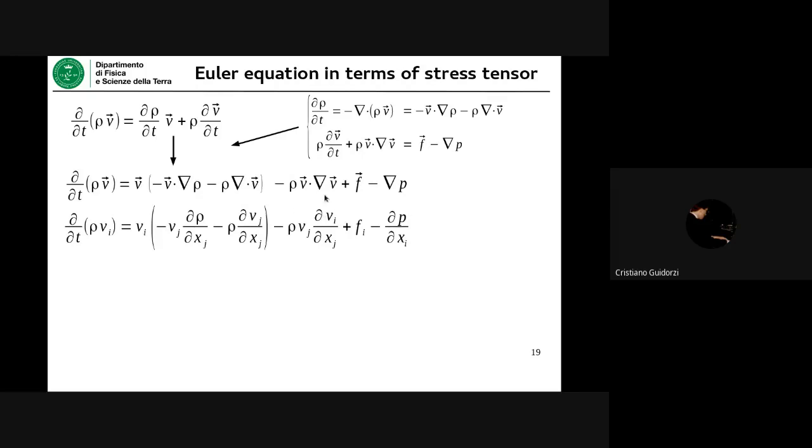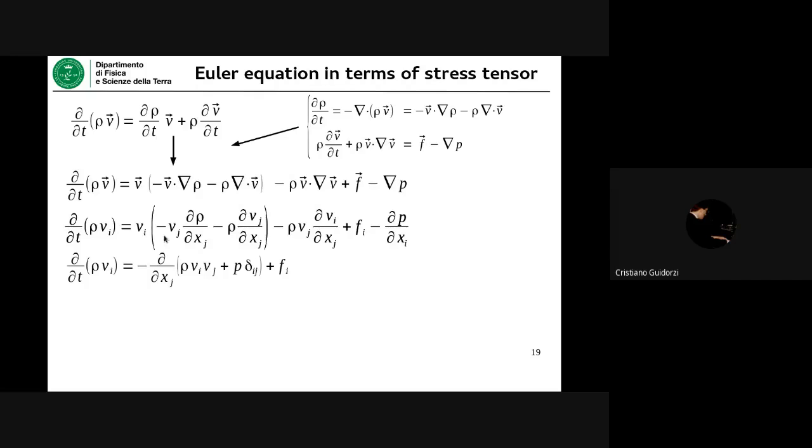Again, this is a summation over j, plus the ith component of these last two terms. So fi, and the ith component of the pressure gradient is just the corresponding partial derivative with respect to xi. So these are three equations, three because they depend on the value of i, while j is a mute index, a sum index.